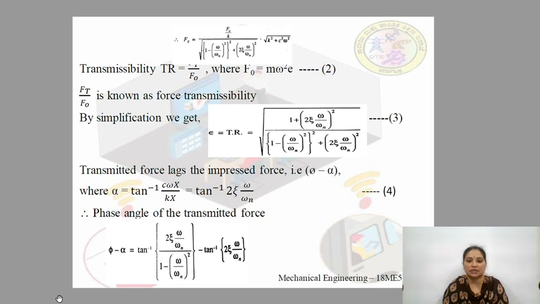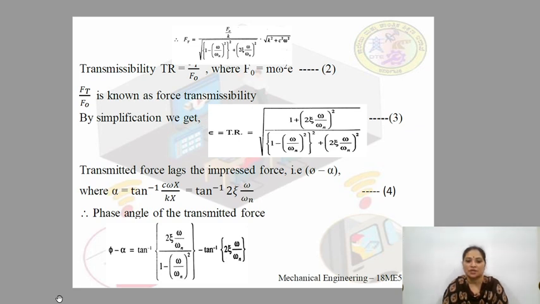Here, the transmitted force lags the impressed force as seen in the figure. That is phi minus alpha. The transmitted force is phi and the impressed force is alpha. Therefore, phi minus alpha, where alpha is tan inverse of c omega x divided by kx, which is tan inverse of 2 zeta omega by omega n.